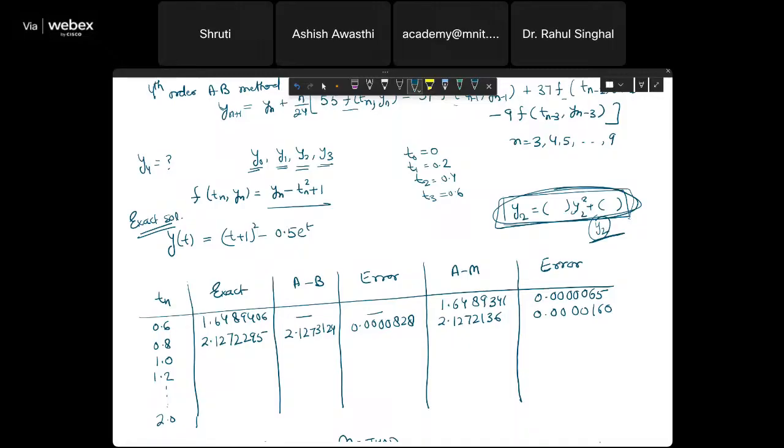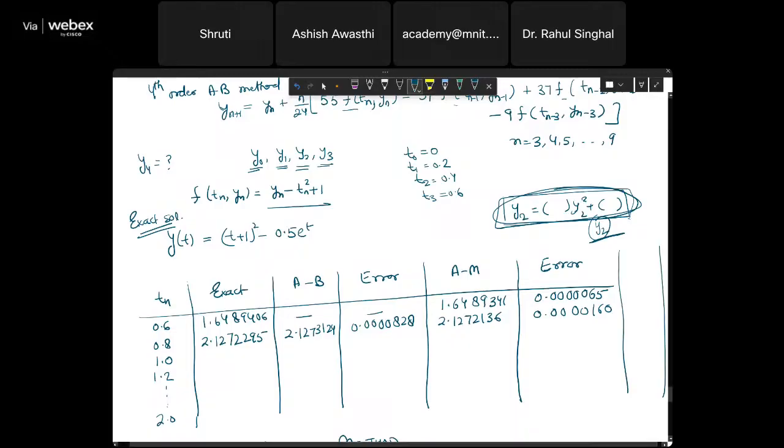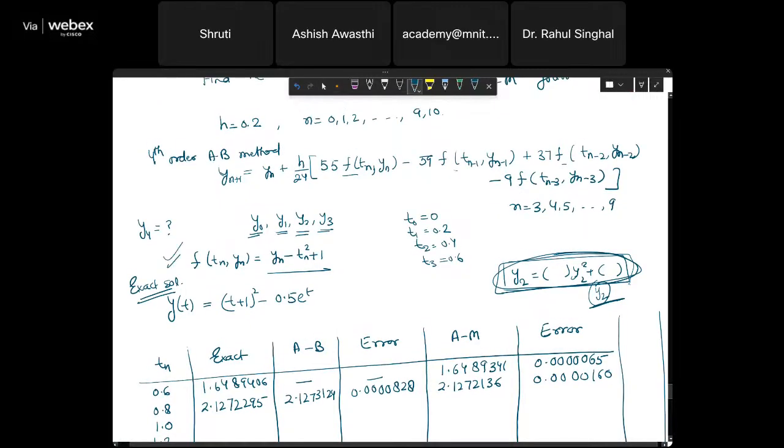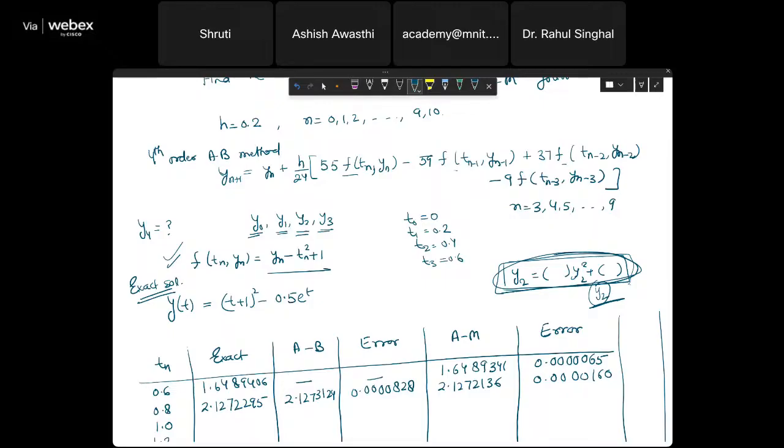So apply the fourth order Adams-Bashforth method as predictor and fourth order Adams-Moulton as corrector, then list out the error involved in each method, and by comparison you will understand which method is more accurate. Obviously you will find that the predictor-corrector method gives the best result among these. I'm not doing that, so you can try the same example yourself. You can also write a program for making this table.